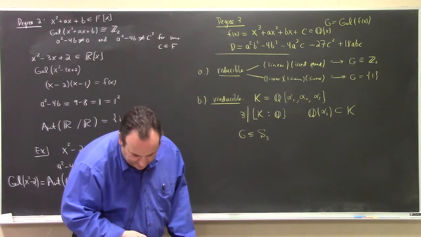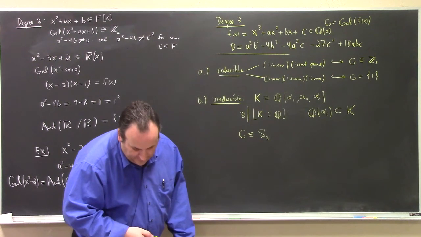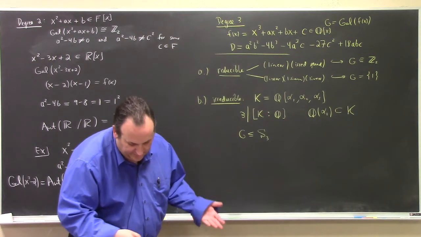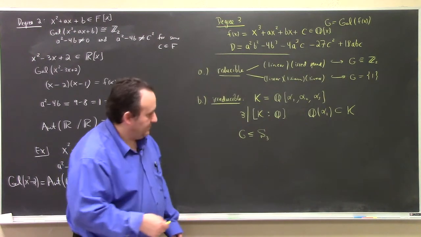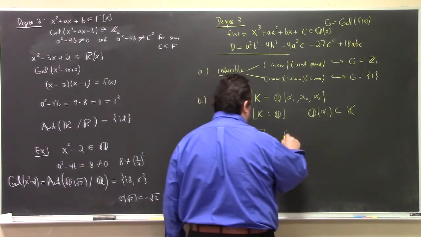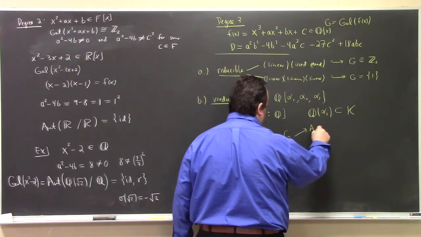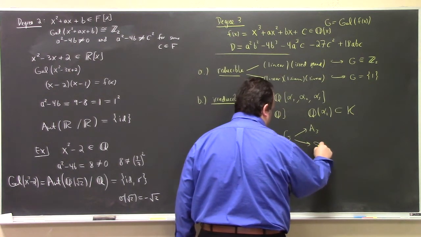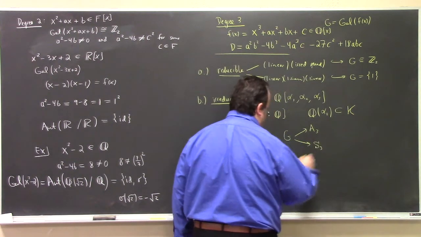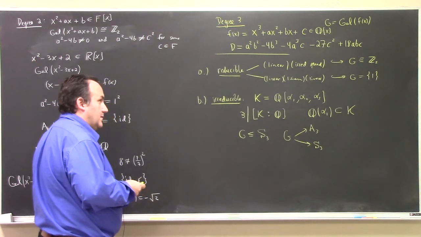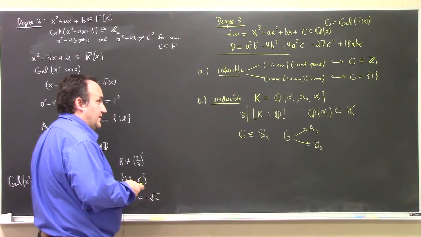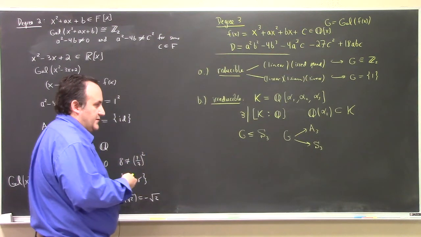Let's see here. Since the Galois group is a subgroup of S3, there are only two possibilities, namely A3 or S3. Now A3 is the alternating group. You can think about it in terms of cycles.